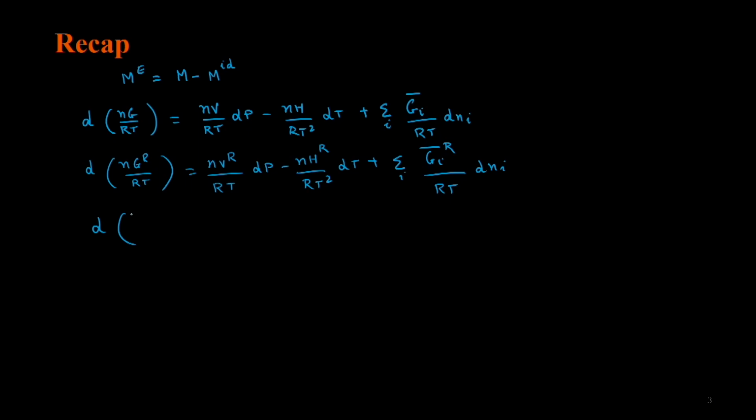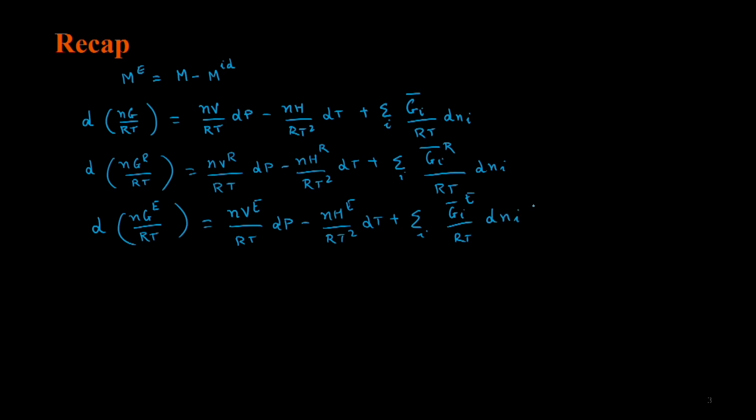And if we subtract the ideal solution equation from this, what we get is d(nGE/RT), from the first equation, of course, is nVE/RT dP minus nHE/RT squared dT plus sigma over i of Gi bar E by RT dni.